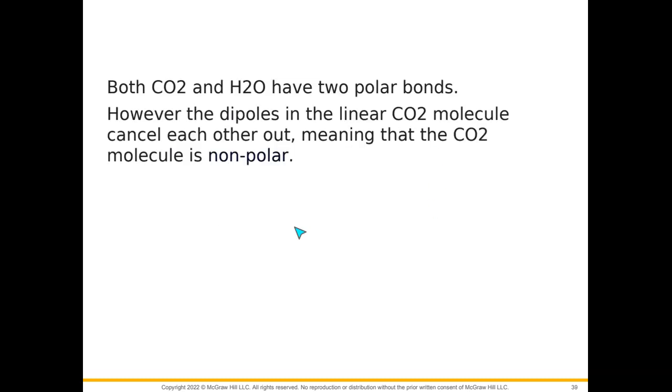So both carbon dioxide and water have two polar bonds. However, the dipoles in the carbon dioxide molecule cancel each other. So in other words, carbon dioxide, even though it has a carbon, which is considered organic, and it does have unequal shares of pairs of electrons, because there are two of them, they cancel each other.